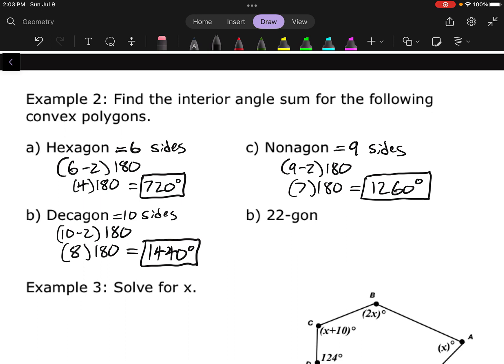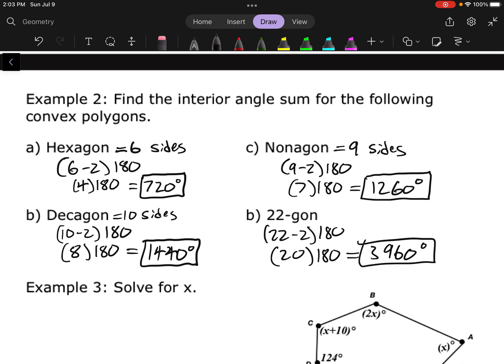And then a 22-gon, that's obviously 22 sides. So we're going to do 22 minus 2 times 180, which means that we could make 20 different triangles inside a 22-gon. And that's going to give me 3,960 degrees inside any one of those.